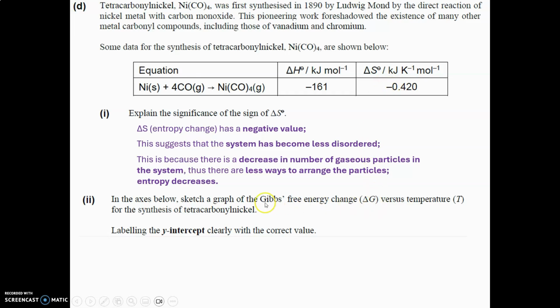Part 2, we are required to sketch a graph of delta G against T. So this should be a hint to you that you need to write down your equation first.